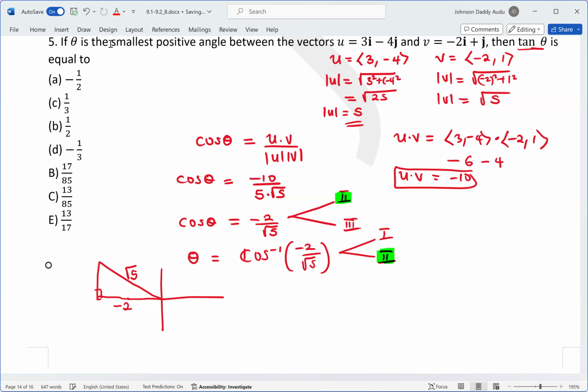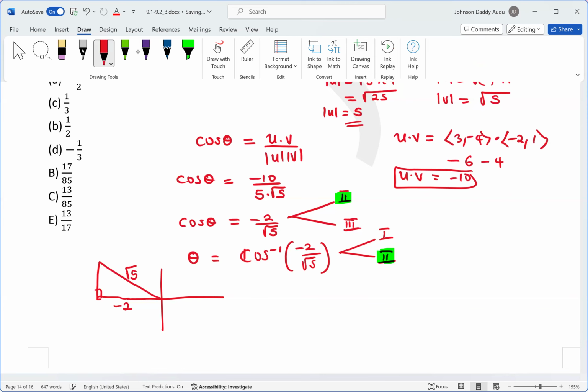So by Pythagoras theorem, this is going to be 1.